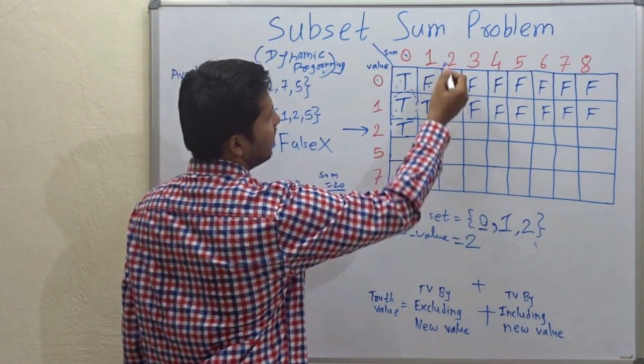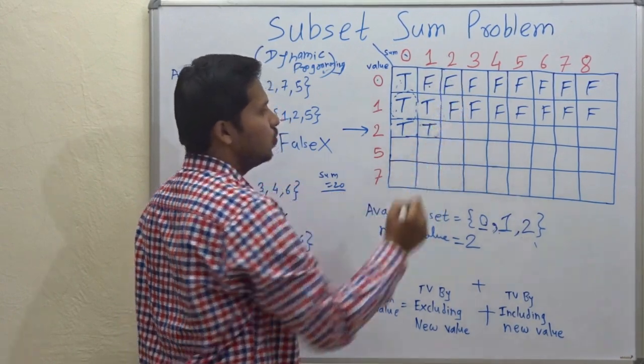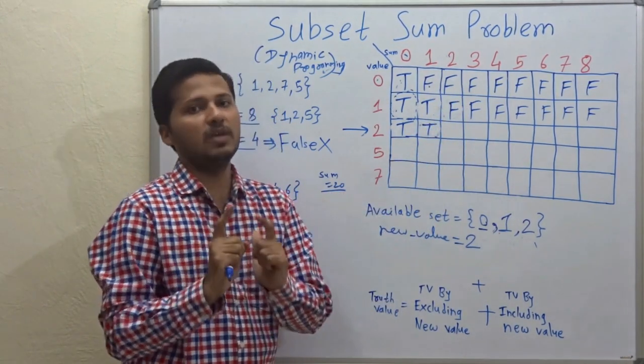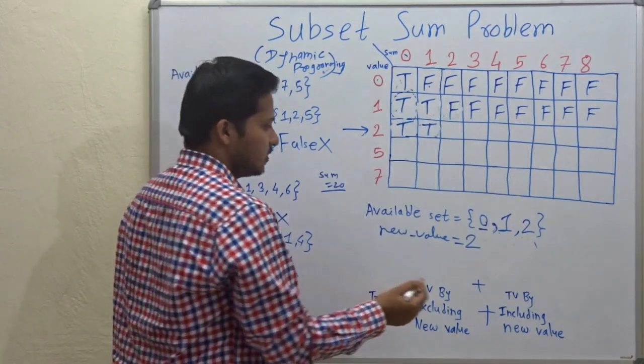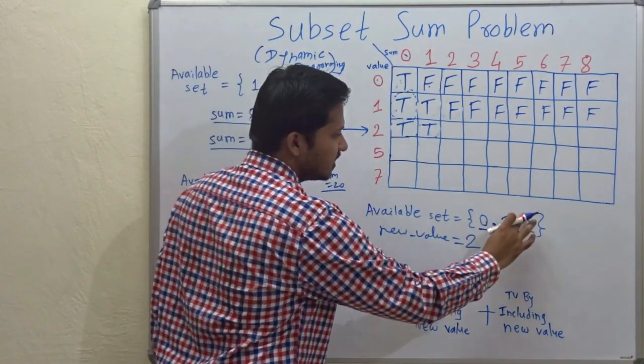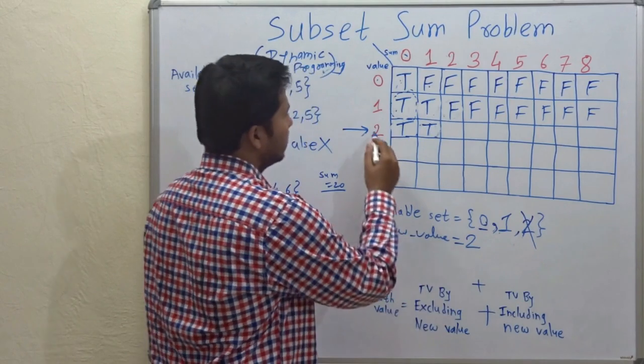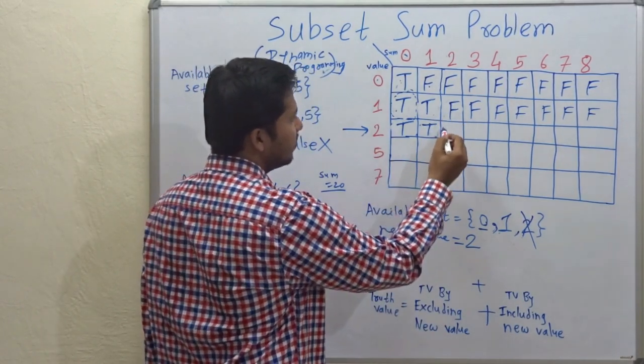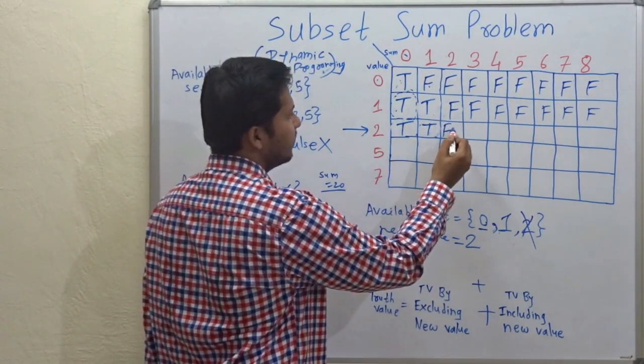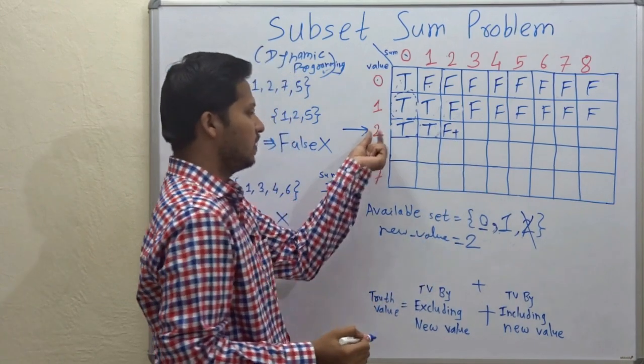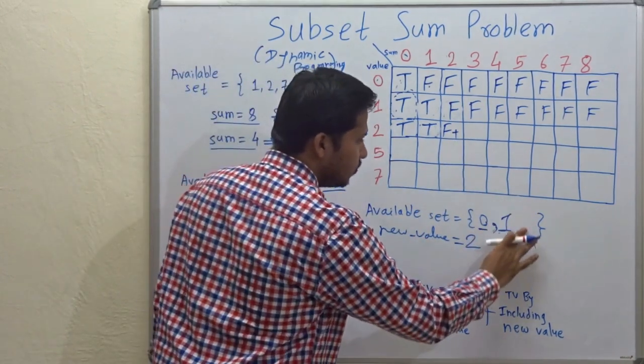Now let's go to this cell. Now 2 is equal to 2, so 2 can help in making 2. By our procedure, first exclude the new value. If you exclude the new value, take the value from the upper cell, that is false. Or now include the new value.